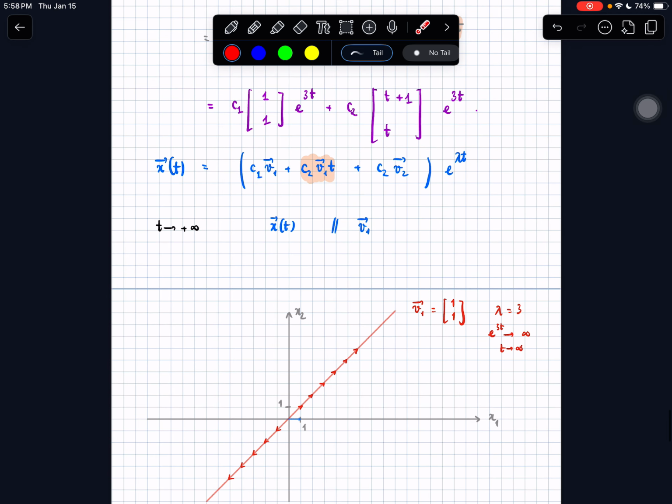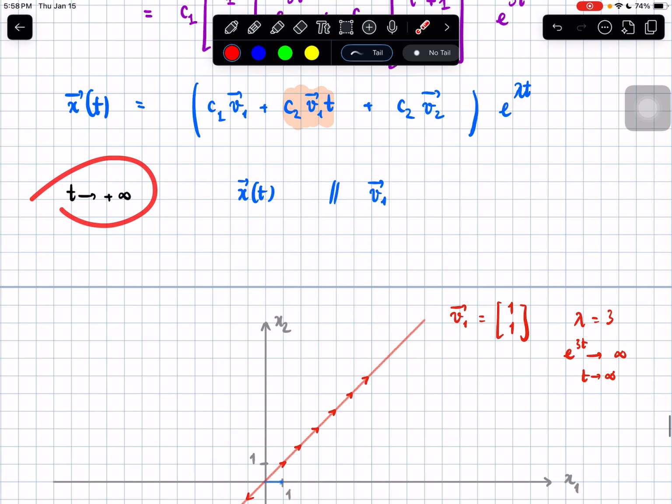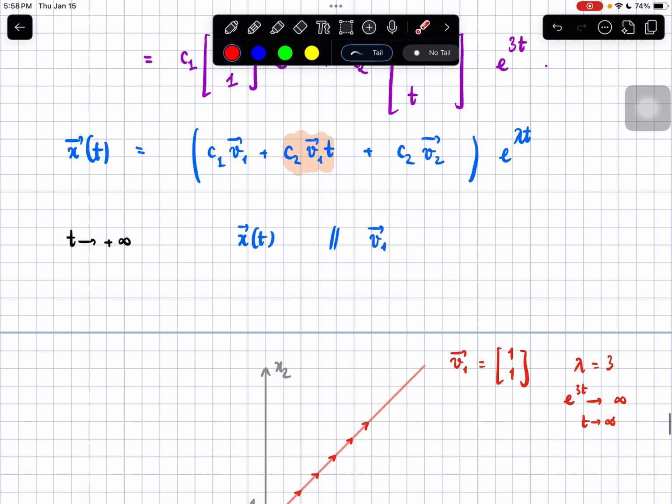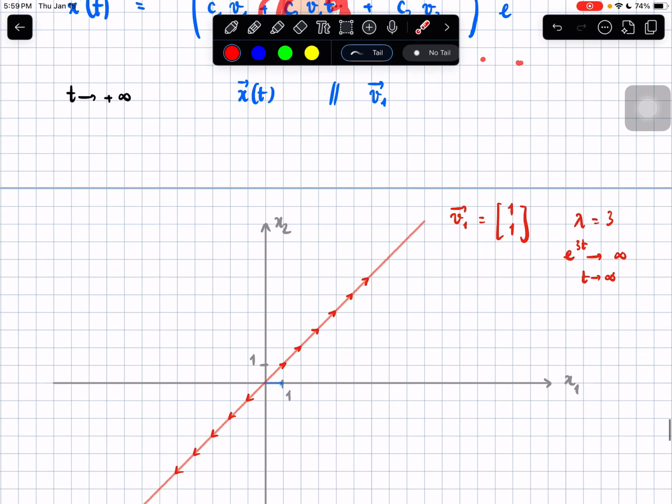The second thing is what happens when t is negative. When t is negative, assume c2 is positive, for example. So c2 times t, positive times negative, is a negative number. It is negative plus whatever it is, because when t goes to negative infinity, this is negative something. So it's negative v1 plus something v2.